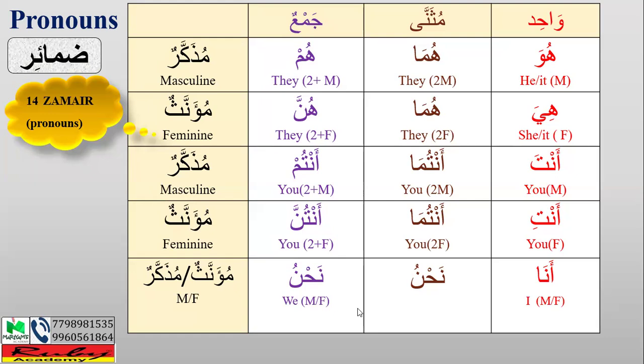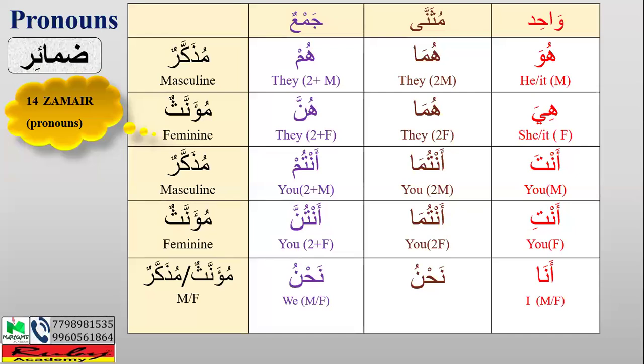Then you point out one finger, considering the left hand again for masculine: anta. Point out two fingers, antuma. Point out more than two fingers, antum.